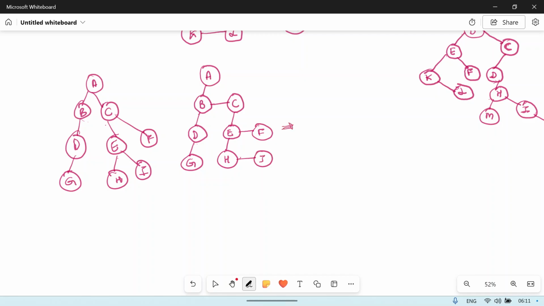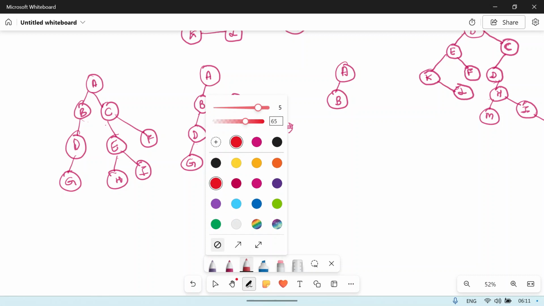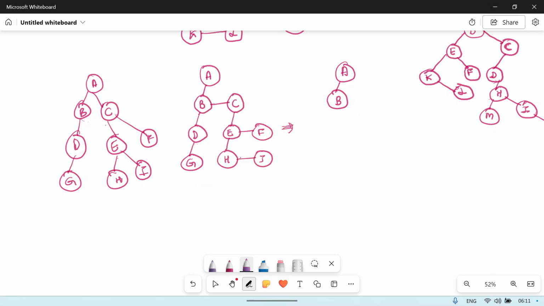Now, how do I do the degree 2 representation? I'll take A, then I'll do B. Next, A is done, B is done. Now, C is in the same line, so tilt it. So it will come here like this.